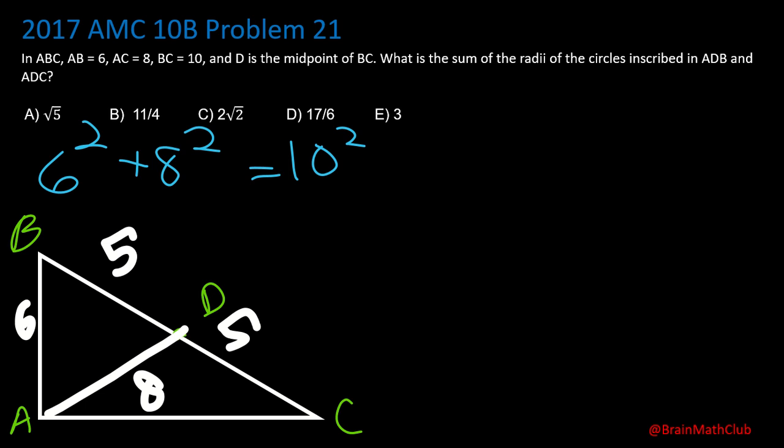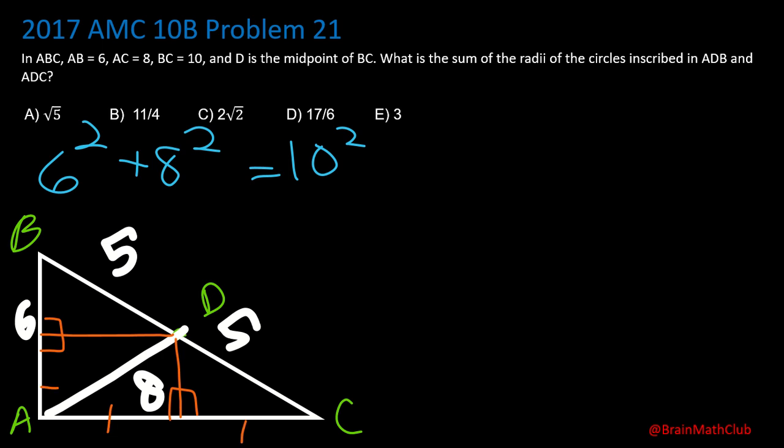Now what we're going to do is first find the side length of AD. In order to do that, we first must notice that if I separate this so that this is perpendicular and this so that this is perpendicular, then because D is the midpoint, it separates AC into two equal segments, here and here.